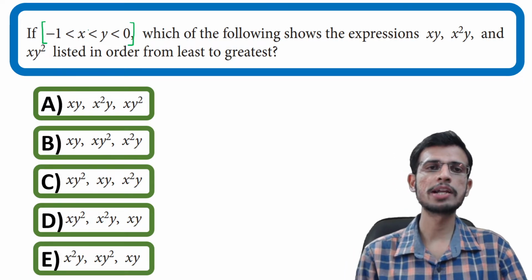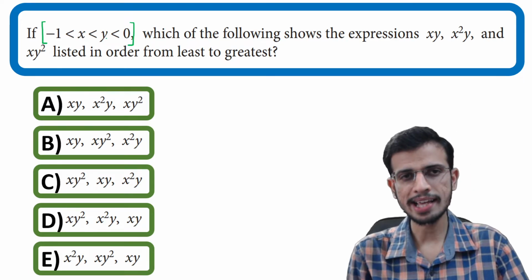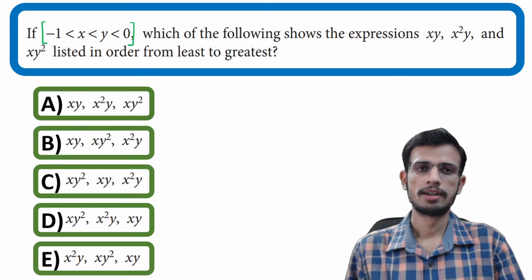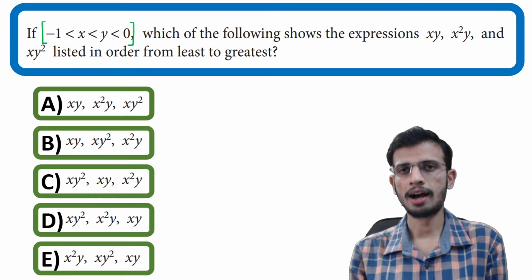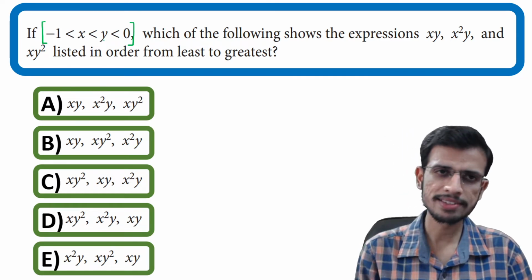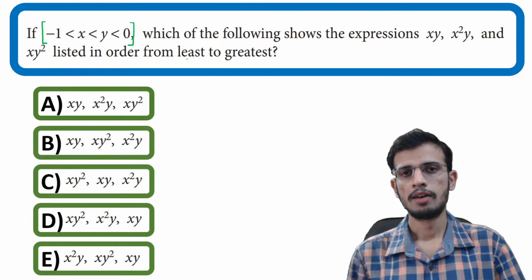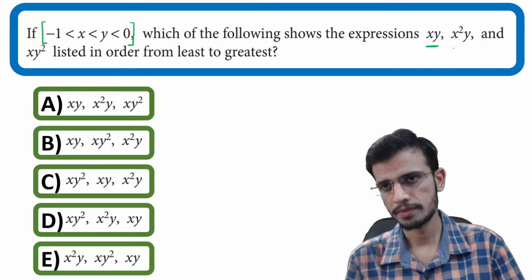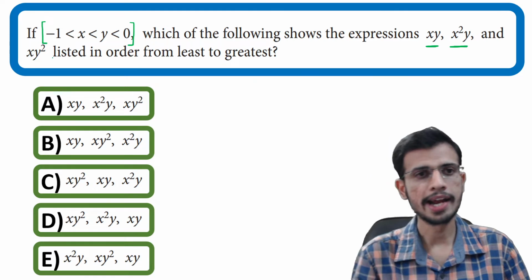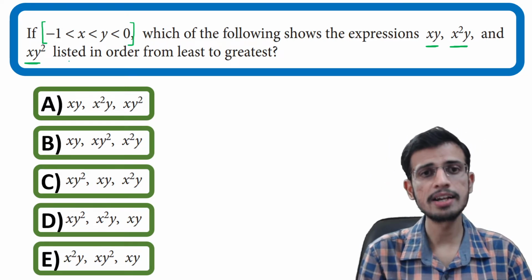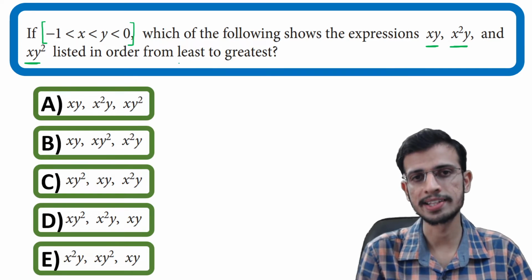X and y are real numbers between -1 and 0, and y is greater than x. Which of the following shows the expressions xy, x square y, and x y square in order from least to greatest?